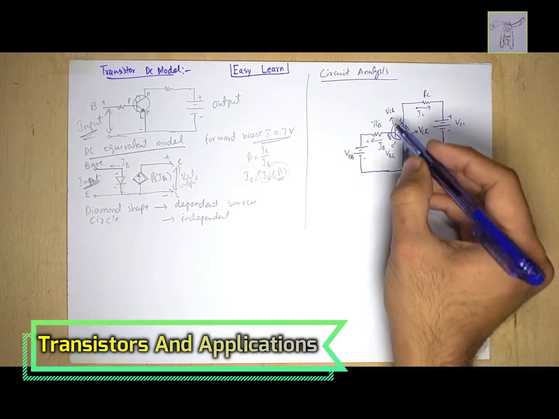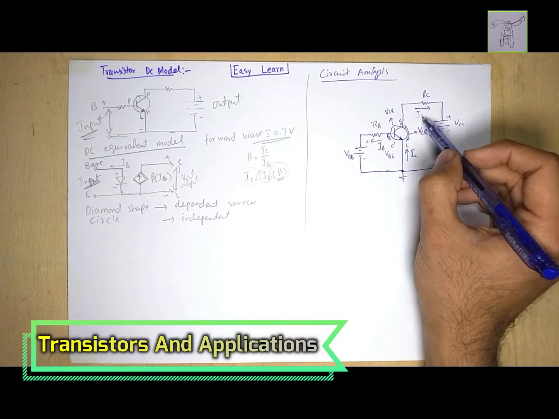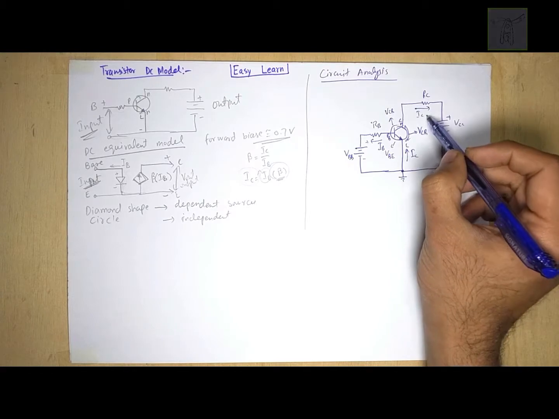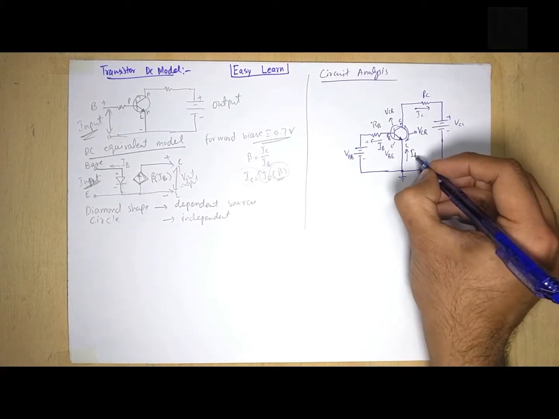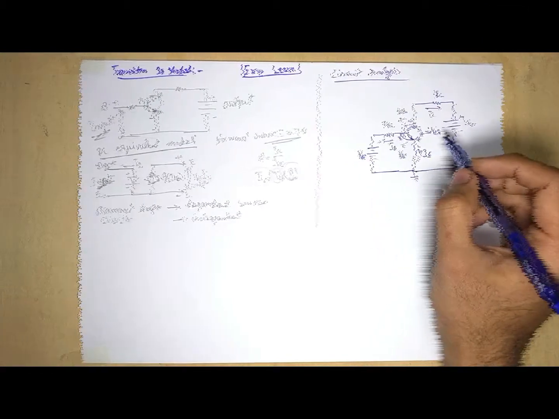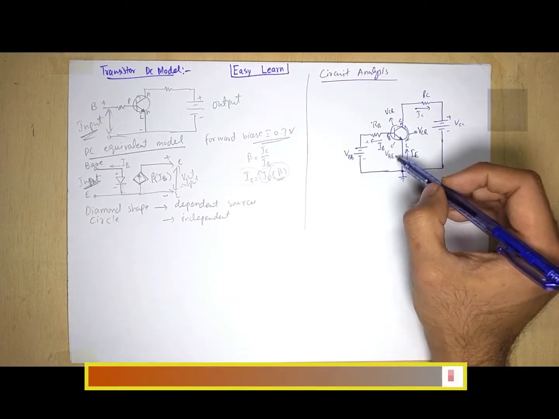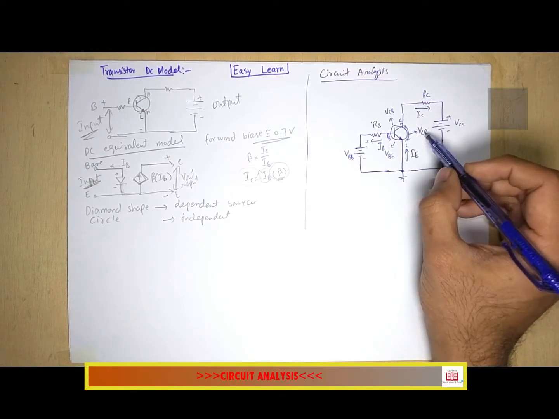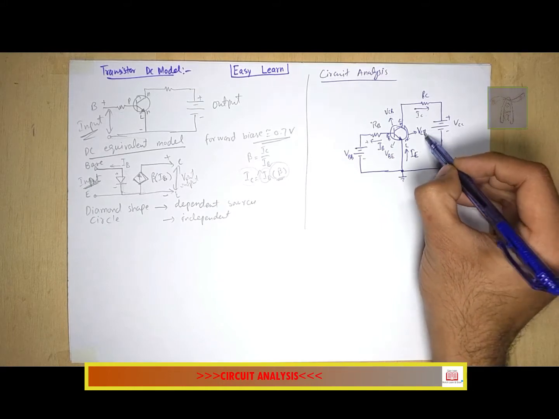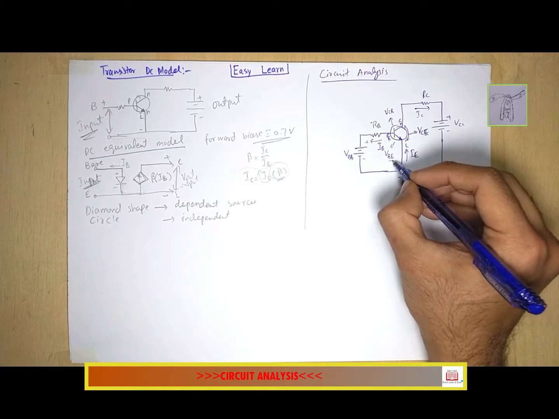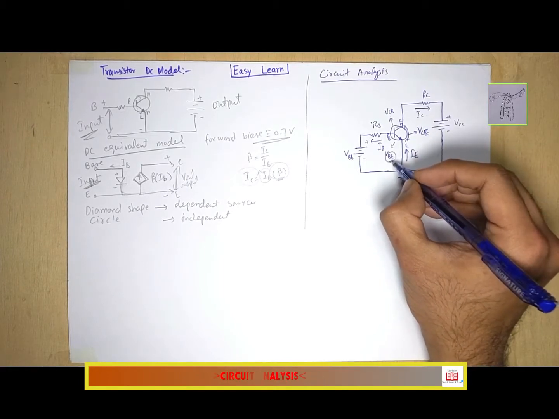So remember that there are three regions: emitter, base and collector. There are three currents: the collector current, the emitter current, and the base current. There are also three voltages: VBE, VCB and VCE. Also remember that these names indicate something.